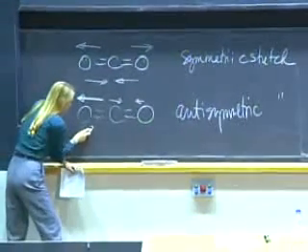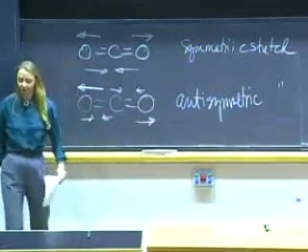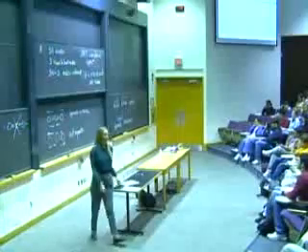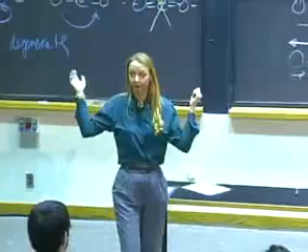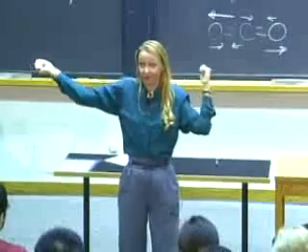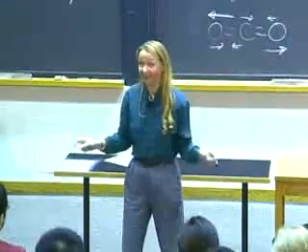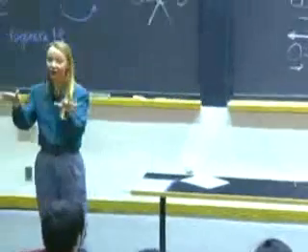Or this one's moving in, this one's moving out. That's the anti-symmetric stretch. If my body's the carbon and my arms are the oxygen, this is the anti-symmetric stretch with the carbon moving just a little bit to the side too. Another mode.